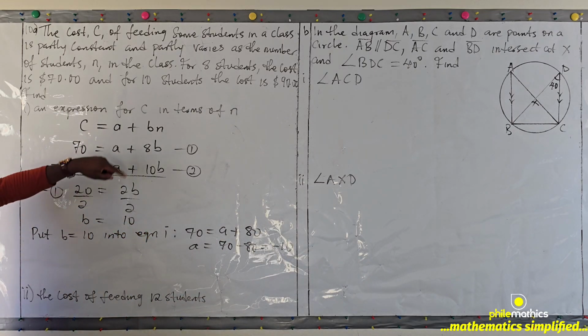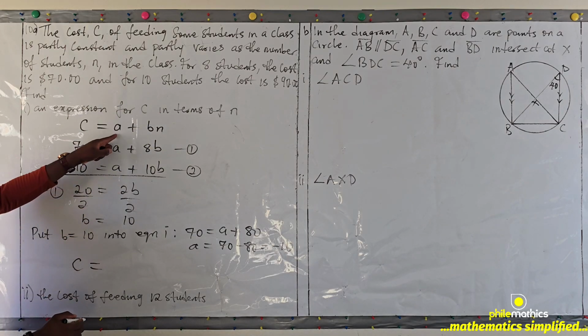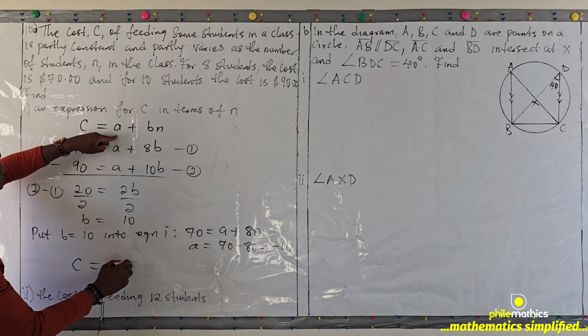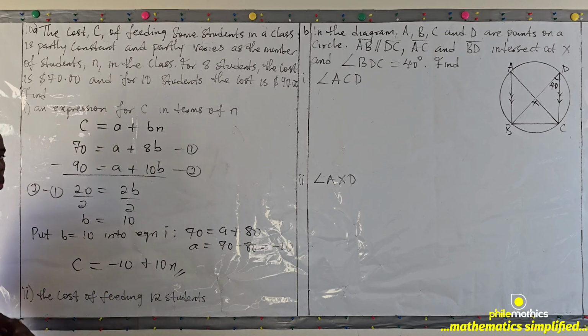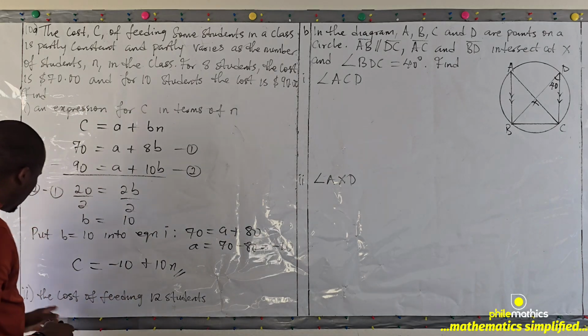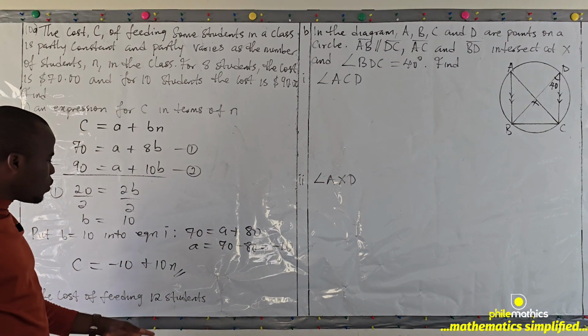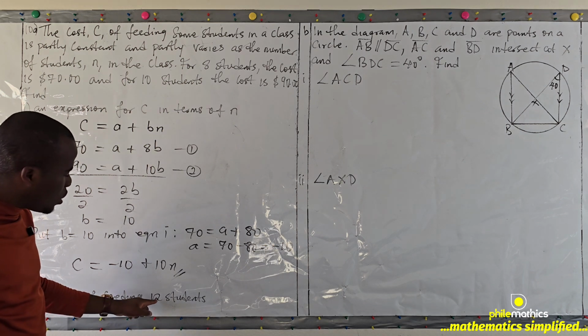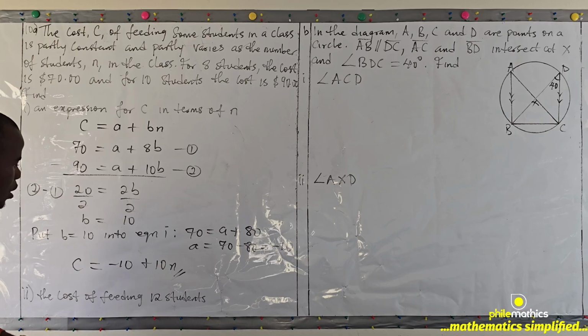But what we are looking for is an expression for C in terms of n. So recall, our C will now be A, which we have gotten as minus 10, plus B, which we have gotten as 10n. So this is the expression we are looking for. Part B asks, what is the cost of feeding 12 students? That simply means substitute 12 for n here and find what the cost is.